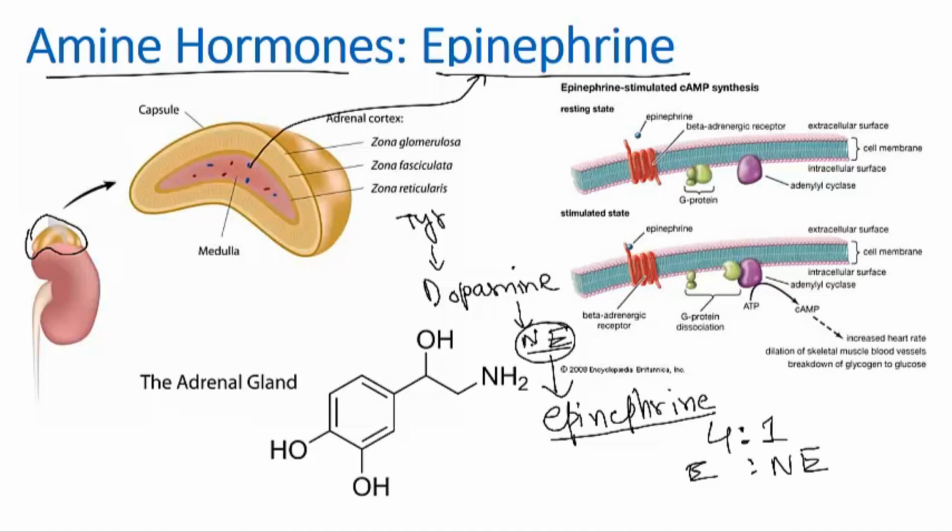Once it's produced inside the vesicle, it is released into the cytosol, converted into epinephrine, and reabsorbed back into the vesicle. Whenever required, that vesicle will fuse with the cell membrane to deliver the norepinephrine. Now the secretory vesicles act as stores for epinephrine as well as norepinephrine.